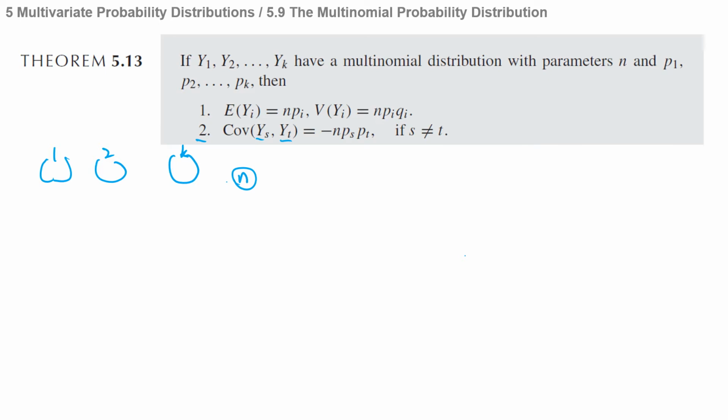So a simple event would be something like this: we pick from the ith cell, s cell, s cell, t cell, t cell, k cell, and so on. The number of these characters is n. So if n is equal to 10, then one simple event would be this one.